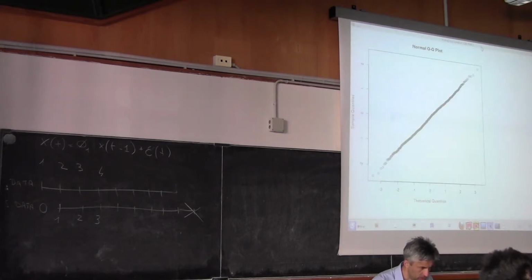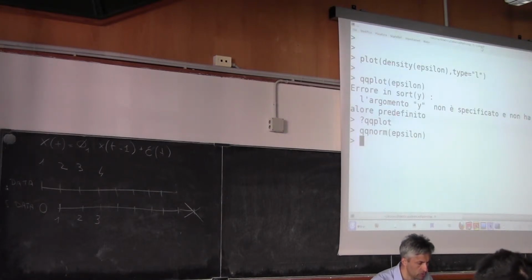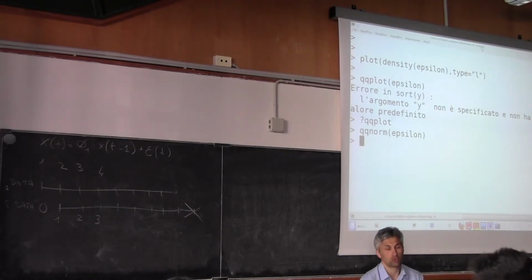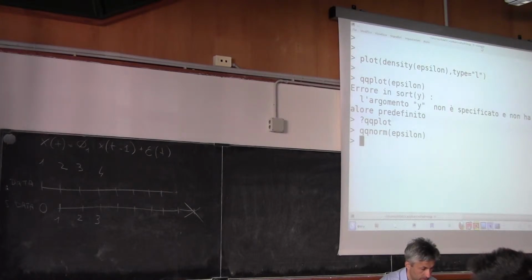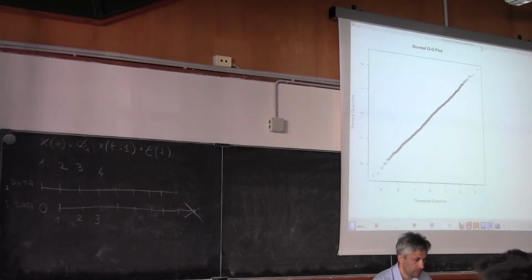Okay, here it is. Now I explain to you, the instruction is qqnorm(epsilon). qqnorm is the instruction to perform the statistical test. And then this is the result.